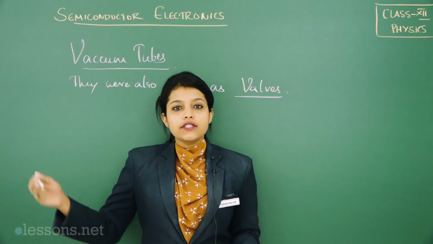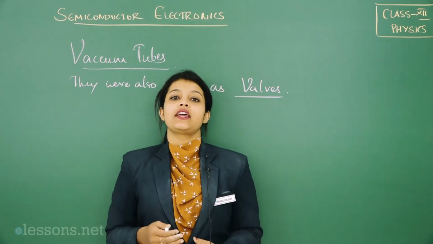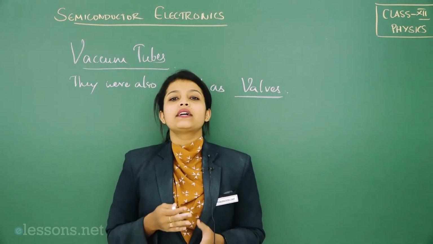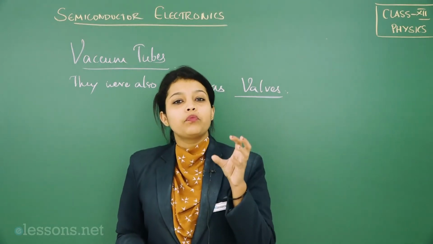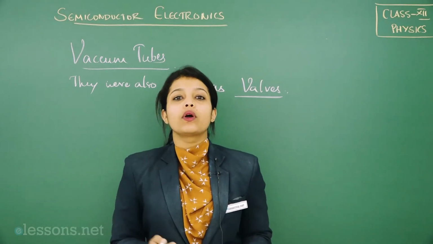Now when the electrons are moving as they are heated, it means the kinetic energy is high, right? So there need to be some inter-electrode space, or I can say that there should be vacuum between the electrons that are flowing.